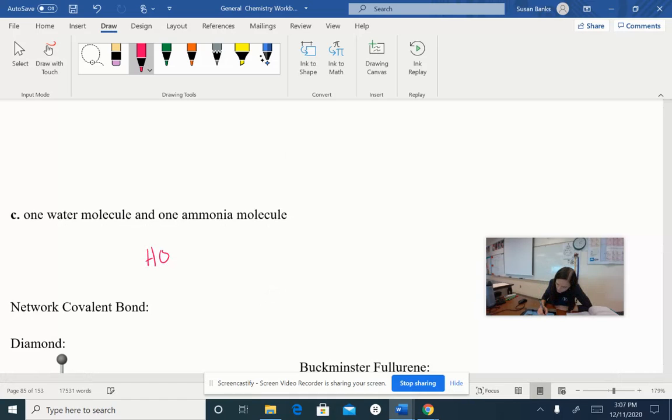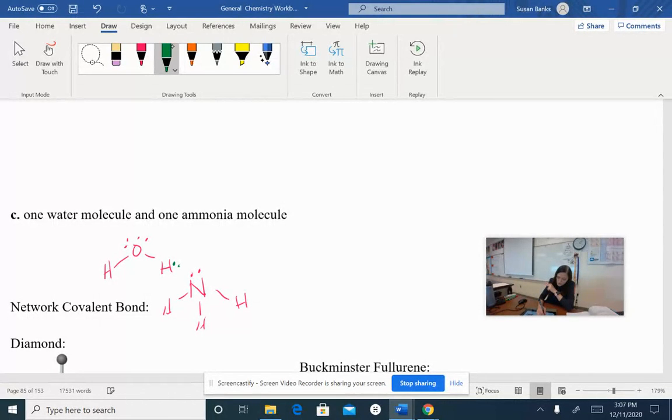What about between a water molecule and an ammonia molecule? So if I have a water molecule, let's start over. Okay. Water and ammonia. So where are they going to be attracted? Remember, the positive area of one is going to be attracted to the negative area of another.